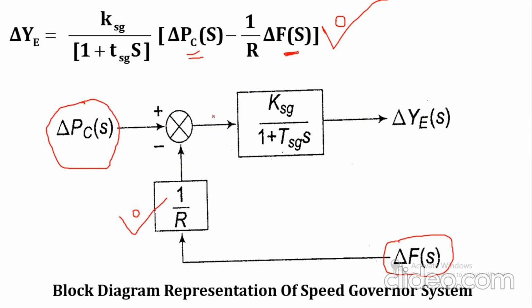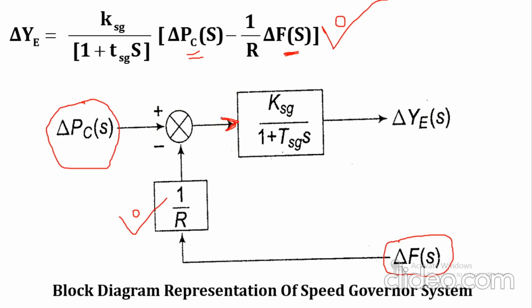Clear? So this is the summing point, this is the negative feedback, and this is the feedback gain 1 upon R. So what will be the output over here? Output is equal to this 1 by R multiplied with delta F of S. This is the minus sign. Delta PC of S is positive.